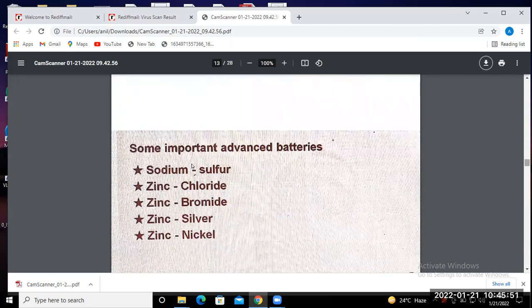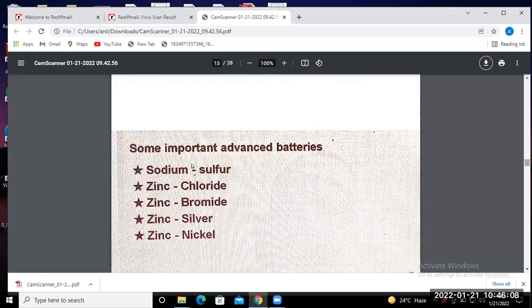Some important advanced battery examples we mention here: sodium sulfur, one of them, zinc chloride, zinc bromide, zinc silver, and zinc nickel.